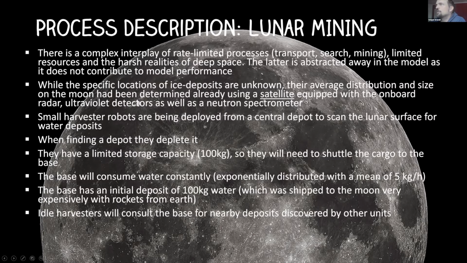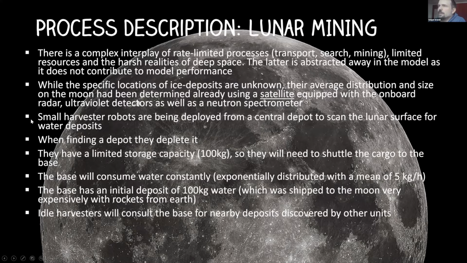First, there's a rate-limited process. Everything takes time: transport, search for water ice deposits, mining. What we could also assume is that the specific locations of the ice deposits may be unknown initially. Maybe we know the average distribution of deposits on the moon, but we don't know where they are.